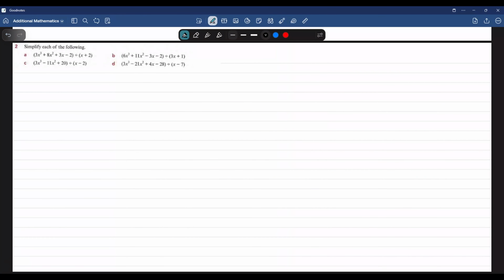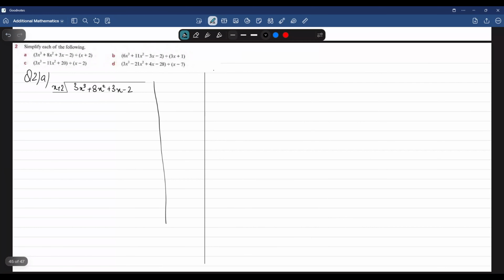So basically, question number 2a, we have x plus 2 here, and then we have got 3x cubed plus 8x squared, and 3x minus 2. Okay. So now again, I'm going to make one partition here and one partition here for reference.